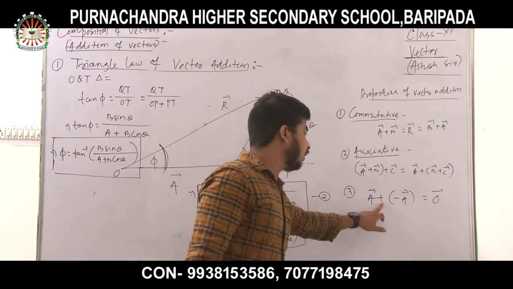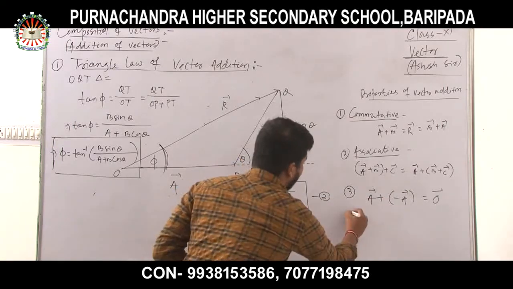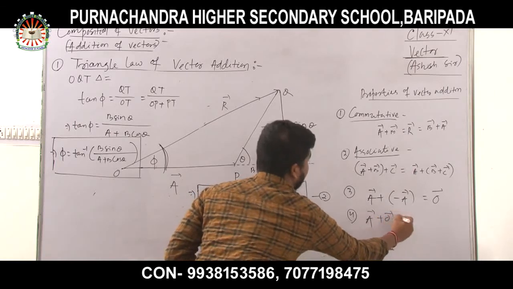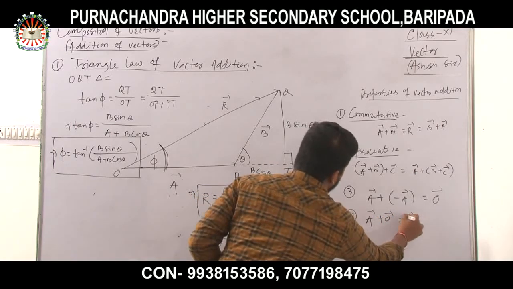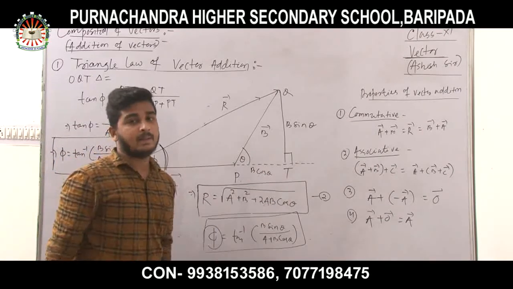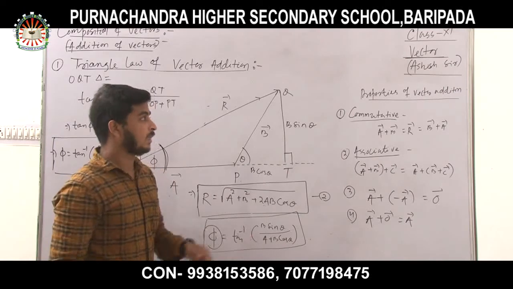A vector plus the negative of that vector will be a null vector. Fourth property: when a vector is added with a null vector, it will remain the same vector. A vector plus null vector is equal to A vector. So these are some basic properties shown by vector addition.